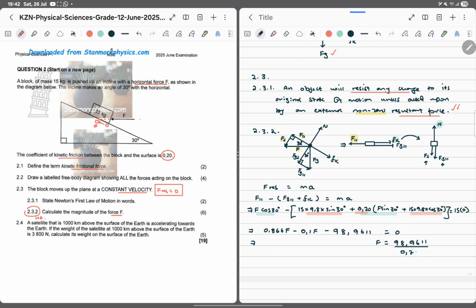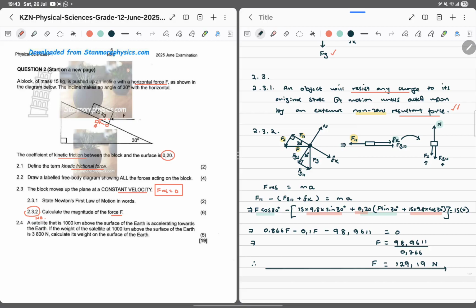This is going to be divided by 0,766. Therefore, our force is, we divide what we had by 0,766, get 129,19 newtons.